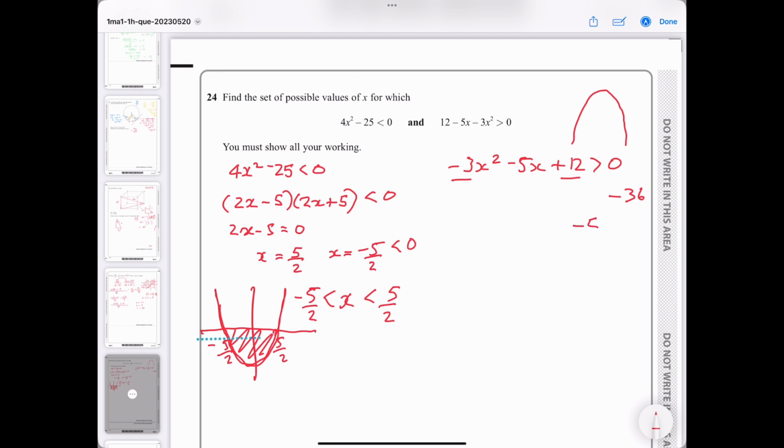It's got to times to minus 36 and add to minus 5. So just do 1 and minus 36, 2 and 18, or minus 18, or minus 2 and 18, etc. That's nowhere near. 3 and 12, or minus 12, minus 3, whatever. 4 and 9 are going to be our answers.